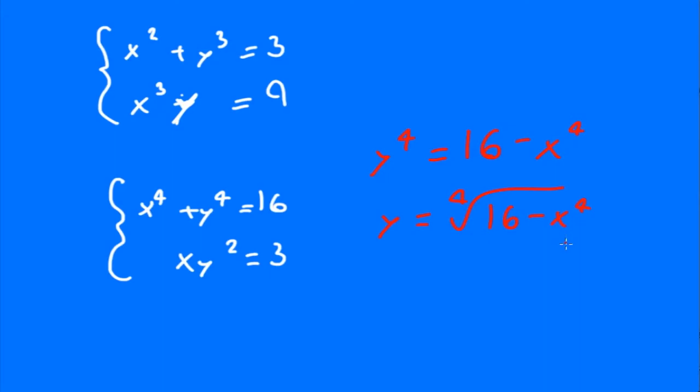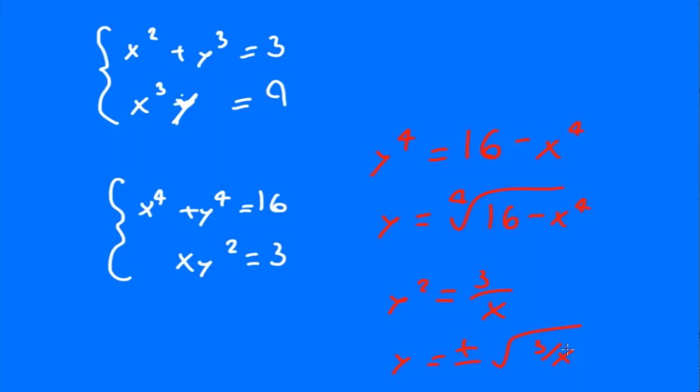For the second equation, we get that y squared is equal to 3 over x. Since x is multiplying y squared, it's going to divide the 3 when it goes to the right. So y squared is going to be equal to 3 over x. And then our y is going to be equal to plus or minus the square root of 3 over x.